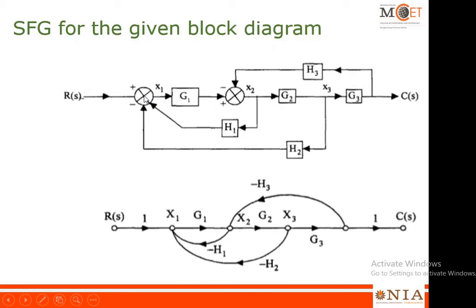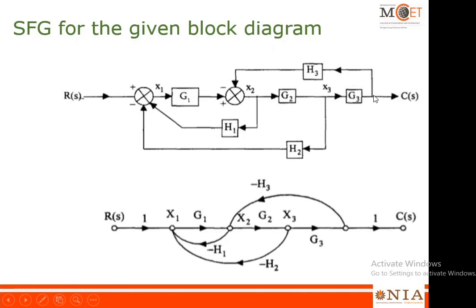The intersection points have to be made as nodes. So this is an intersection point, I made it as a node. The starting point R of S, and this is also a meeting point, I made it as x2. I have clubbed these two. This is a meeting, this is a branching point, so I have made it as a node.